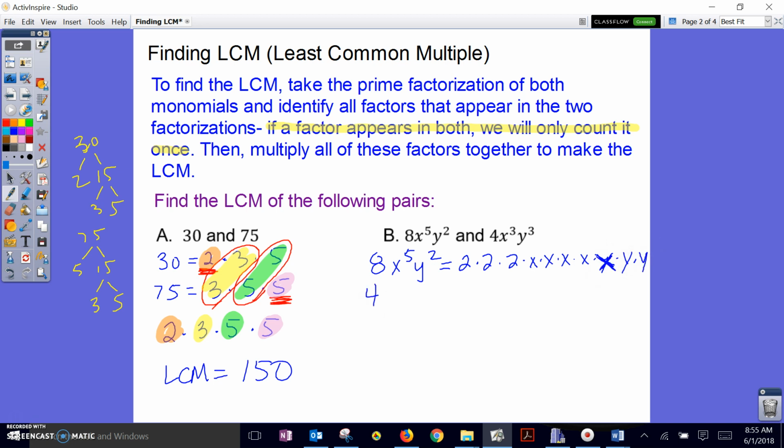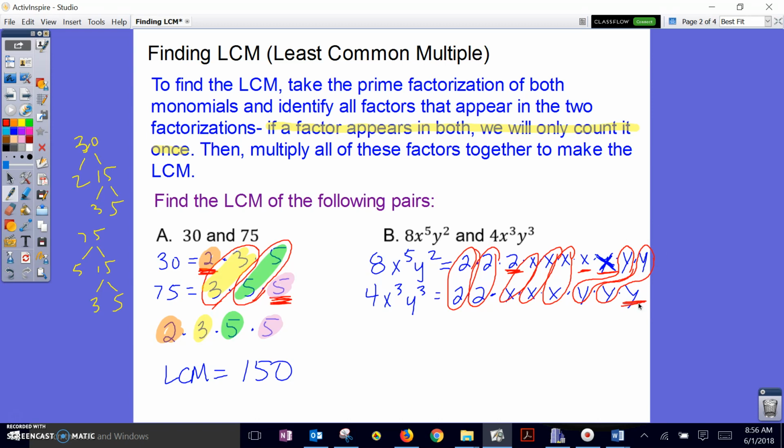And 4x to the third y to the third is 2 times 2 times x times x times x times y times y times y. And we'll look at the pairs here. We've got a pair of 2's and a pair of 2's, and then we've got an extra 2. We've got a pair of x's, a pair of x's, a pair of x's, and then a couple of extra x's, and then we've got a pair of y's, a pair of y's, and an extra y.